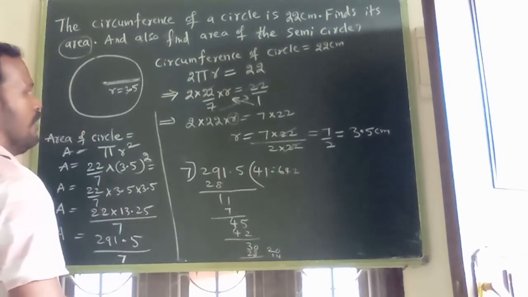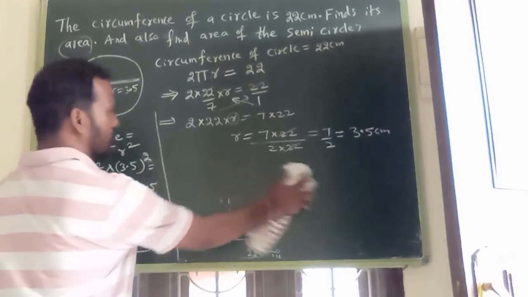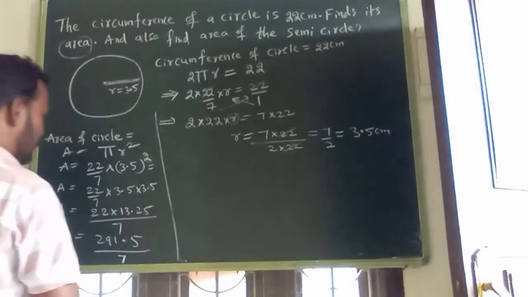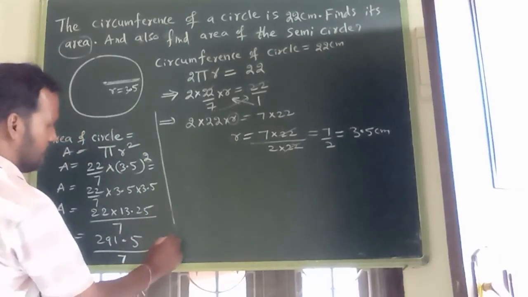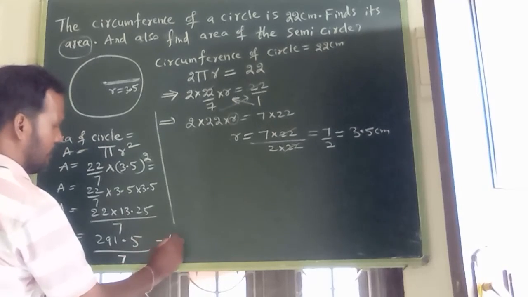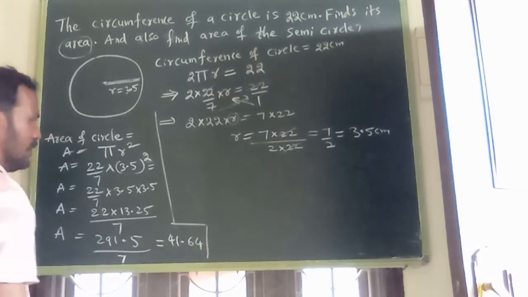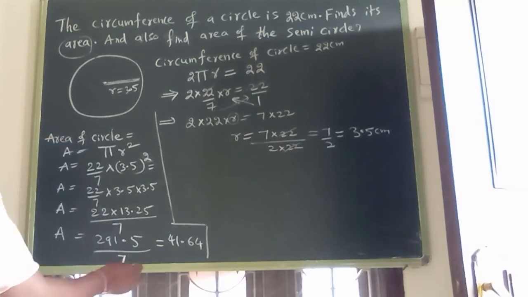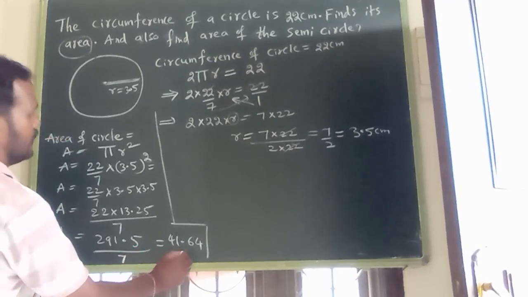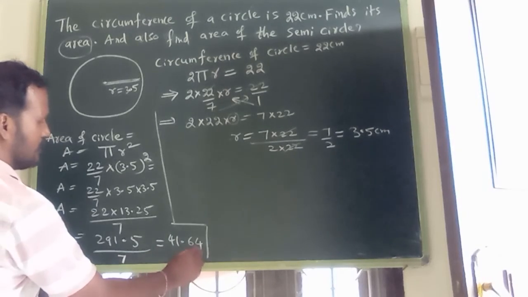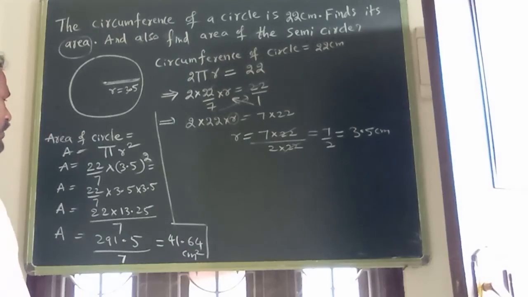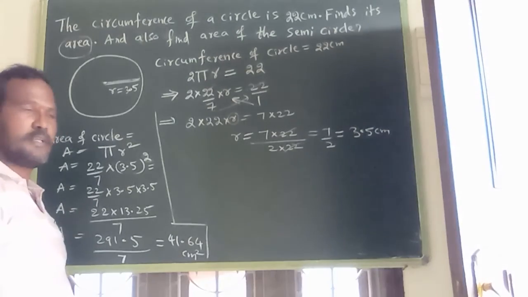So 41.64. This is the area of the circle: 41.64 centimeter square.